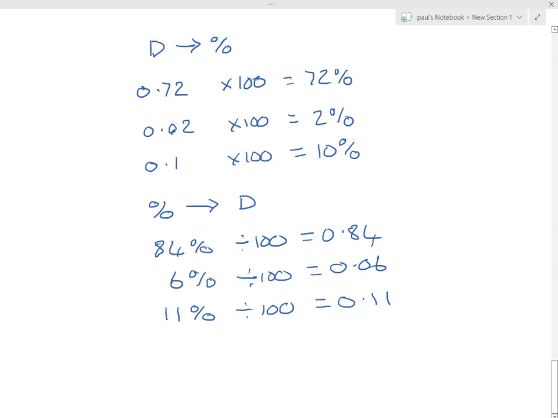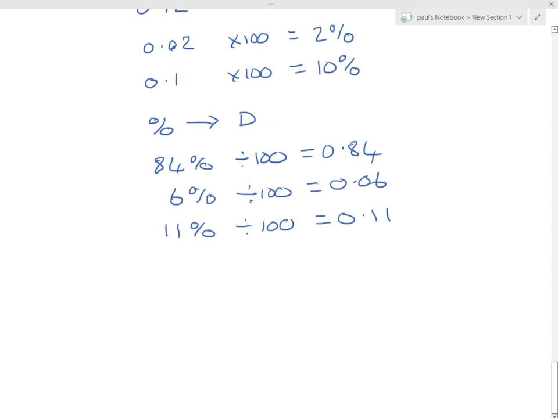All right, so we're going to fractions to percentages. This is a little bit more awkward. So say we've got 3/4.